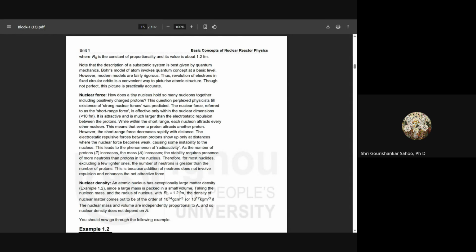Here there is no negative sign, because the nature of the force will depend upon the values of q1 and q2. If both are negative, then it is positive and a repulsive force. If both are positive, then it is positive, a repulsive force. If one is positive and another is negative, then there is a minus sign, and it is an attractive force.